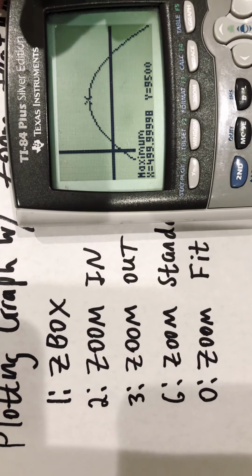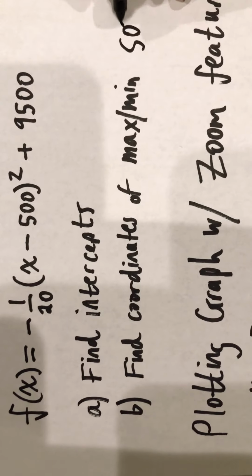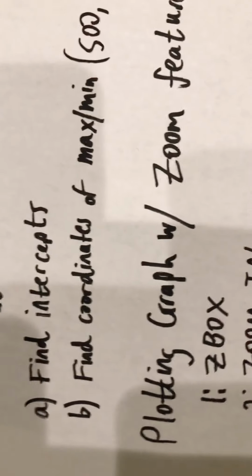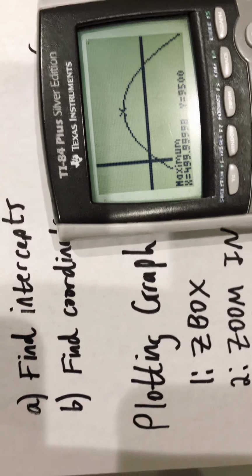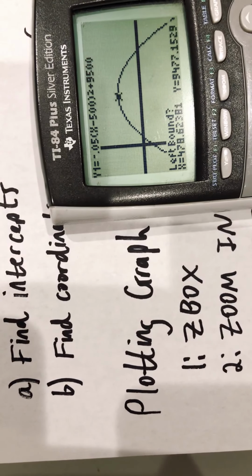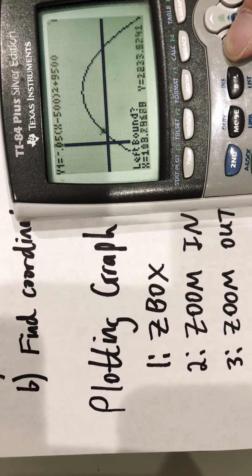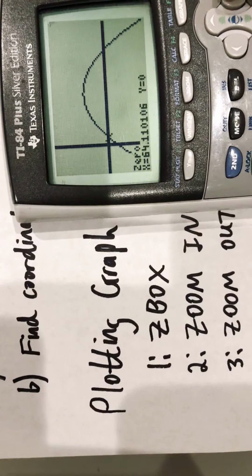So I can write that down. 500, 9500, and then we can find our zeros, or I should say our intercepts. And I'm actually going to find the x-intercept specifically.